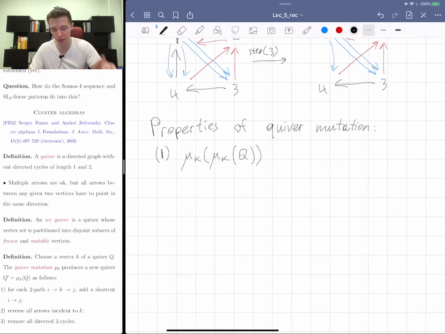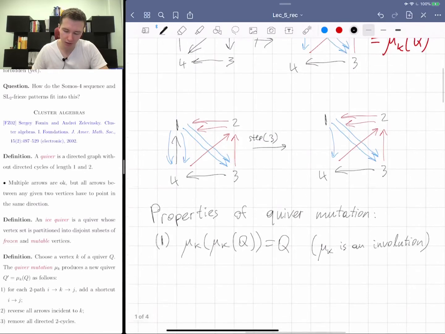So I click on the vertex k and then click again. What is it going to be? The answer is that quiver mutation is an involution. So you're going to get back to your original quiver. In other words, mu sub k is an involution. If you apply it twice, you get back to the same data.